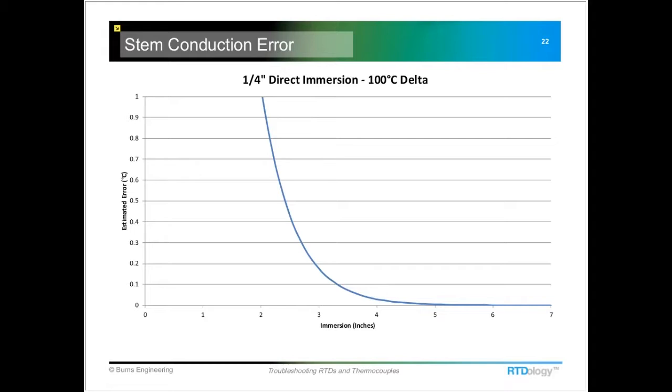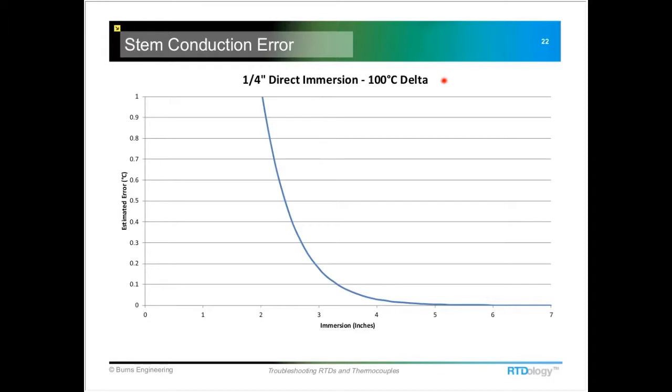With a direct immersion probe, you can see we can get a more accurate measure with a shorter immersion. So here we're at maybe 3.5, 4 inches, and we're less than 1/10 of a degree of stem conduction error. And now the magnitude of the error decreases with a decrease in the delta between the ambient and the process.